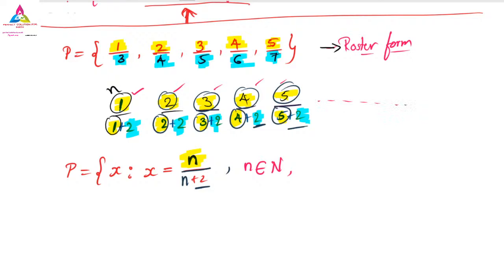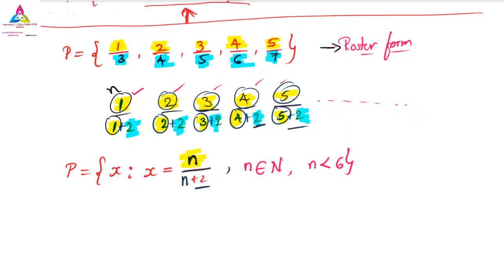No. It stops at 5, which means we have to take n value less than 6. If you have 5, you can take less than 6, or equal to 5, less than or equal to 5. Don't get confused in this, so you can write less than 6. Okay, Siri, what you have written is not exactly correct.